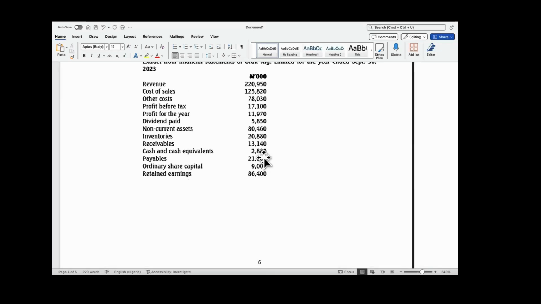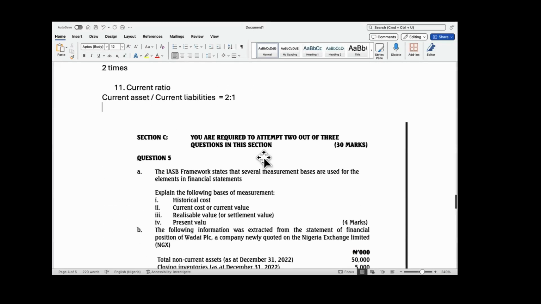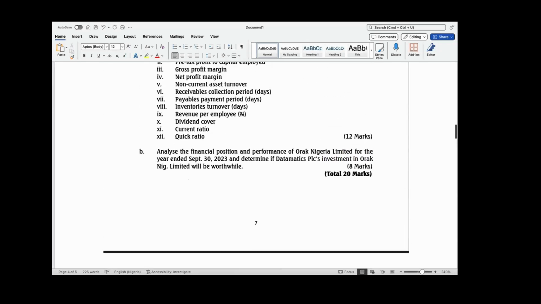My own is inventory, 2,880. Latif, give me your own. 18,140. Oliver, give me your own. 2,880. Good.